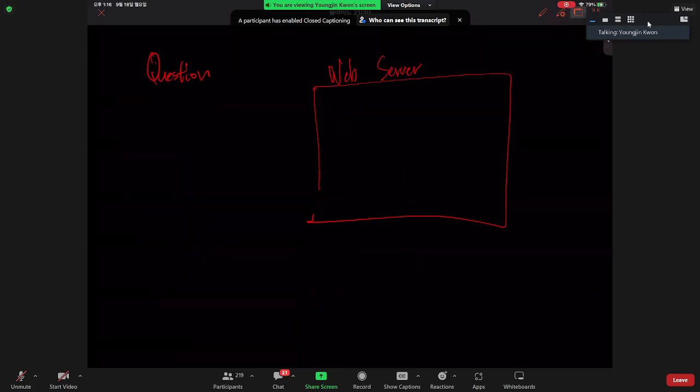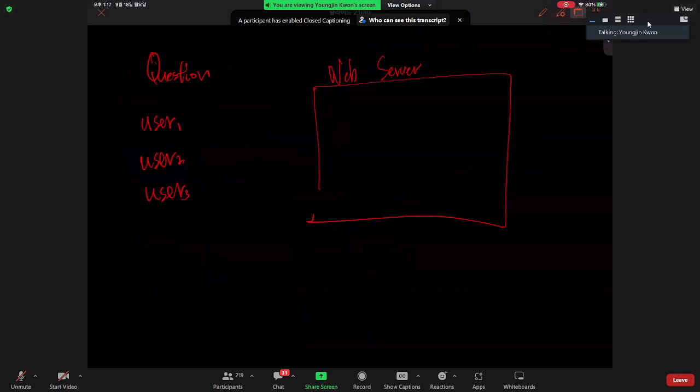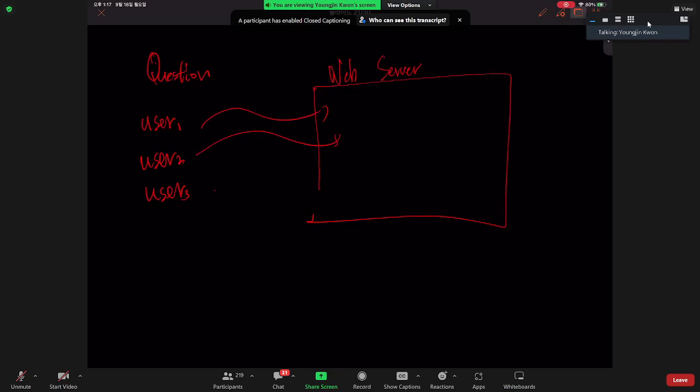First, there's the concept of user. This user starts using my web server resources like memory and web pages, when users are connected to the web server using a socket. Now you are the web server designer.